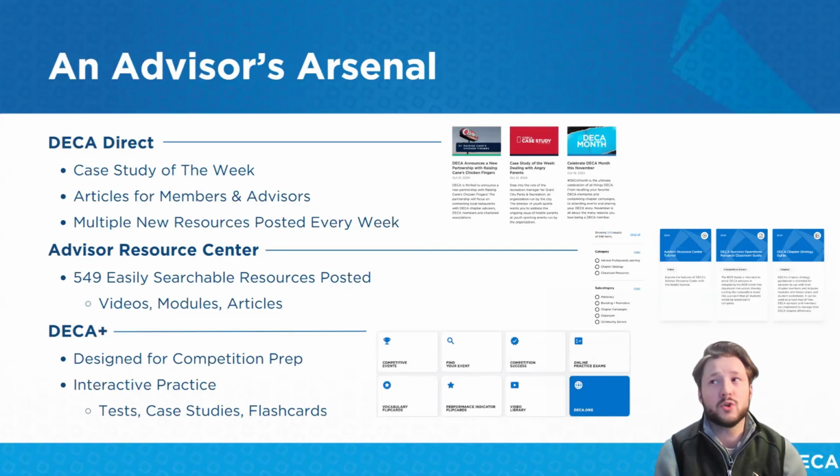So the more exposure to these scenarios that students have never come across, the more likely they are to have thought about that, worked through that, and maybe have an idea of what solutions should look like. There's tons of articles for members and advisors alike here. If you've not spent much time up to this point, on DECA Direct there's a massive backlog for you, and more coming out every week.